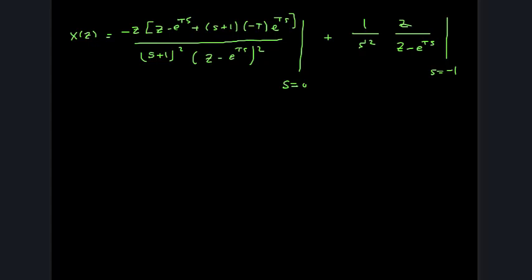Now, if I do the evaluation, I will get (z minus 1 minus t) over (z minus 1) squared, plus this one. If I evaluate at minus 1, it would be z over (z minus e^(minus t)). So this is how to calculate X(z).